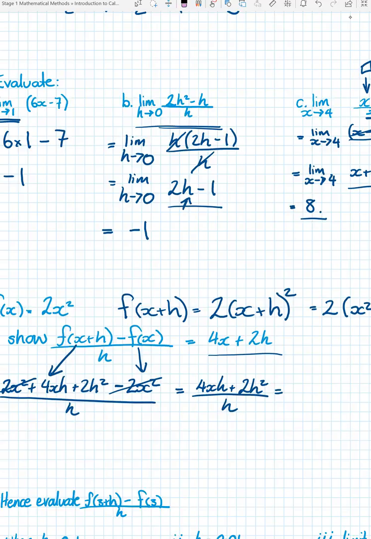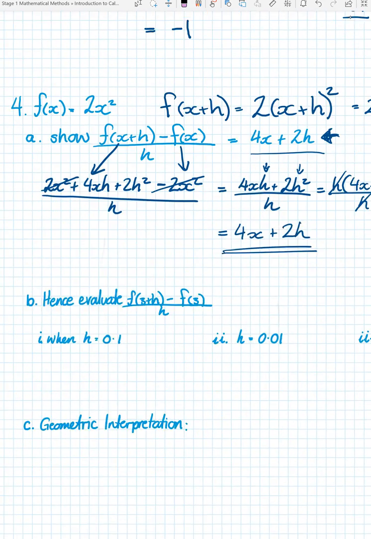And we see that h is now the common factor of both terms on the top line. So we can take that out, leaving us with 4x plus 2h divided by h. So our h is now cancelled out and we're left with 4x plus 2h, which is what the question asked us to prove.